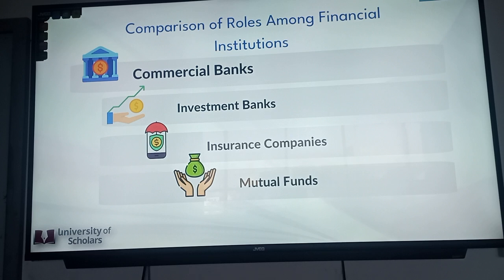Brokerage firms are also a kind of financial institution which assist individuals and institutions in buying and selling securities among available investors. Insurance companies and mortgage companies are also very crucial financial institutions in the economy, which need to be focused on, and we rely on those institutions as a market.